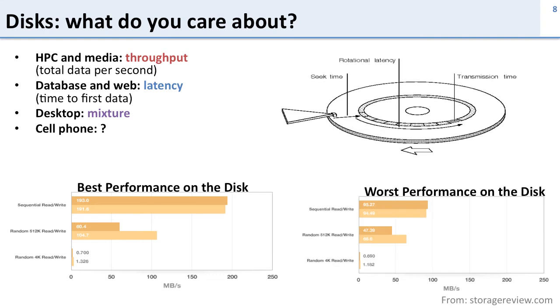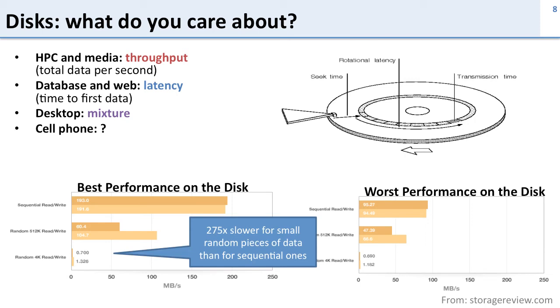We also notice that the performance on the disk varies depending on where you are. Some places on the disk, the performance is half as fast as it is in others. So if you look at this disk, you can see that it's about 300 times slower for small random pieces of data than sequential ones. So hard disks are very good for applications where you care about throughput, not so good when you care about latency.